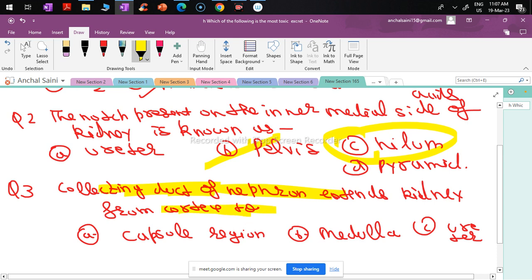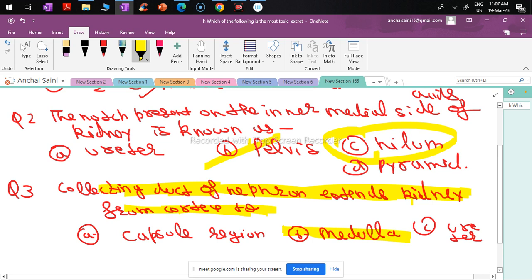Basically, I was saying that your Malpighian body and structures like PCT, DCT are present in the cortical region, or the cortex region, whereas your loop of Henle, pelvis exists. So the collecting duct of nephron extends in the kidney from cortex to the medullary region.